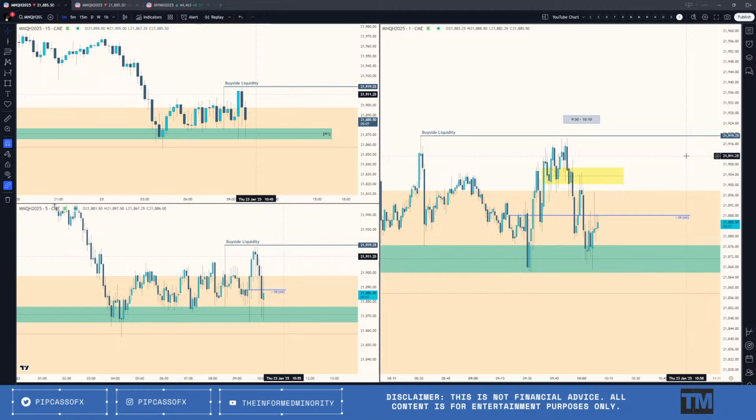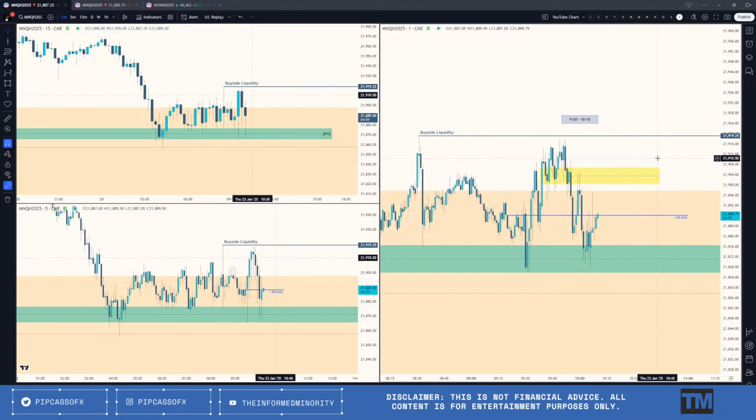It's just part of trading. But yeah, this is wild price action. We're hitting the opening.